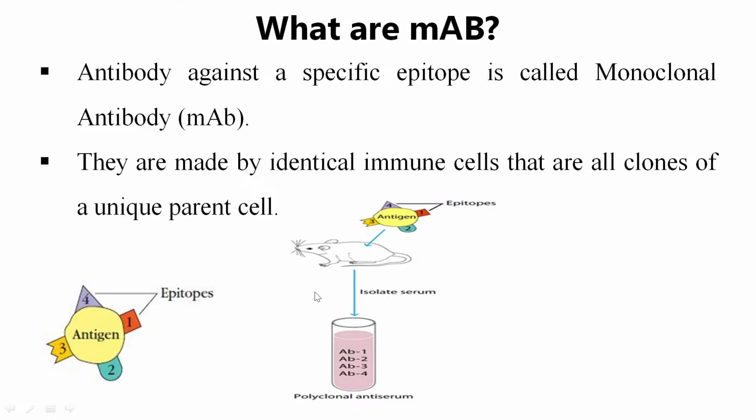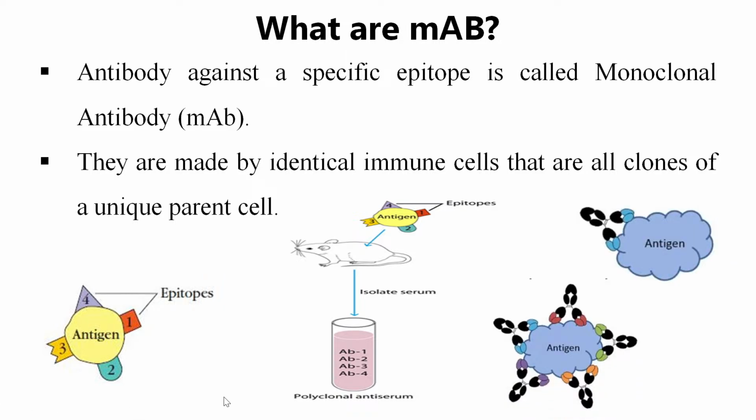Usually what happens when an antigen having multiple epitopes enters into our body, we produce polyclonal antibodies, so antibodies that are specific to each of these epitopes. Those are known as polyclonal antibodies. Whereas monoclonal are specific to only one single epitope that is present on the antigen.